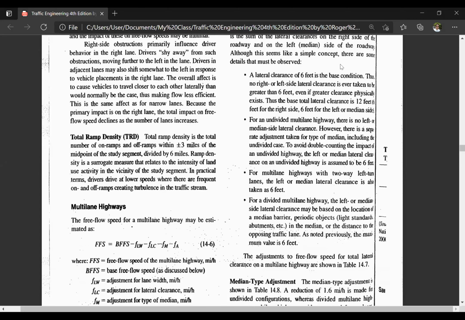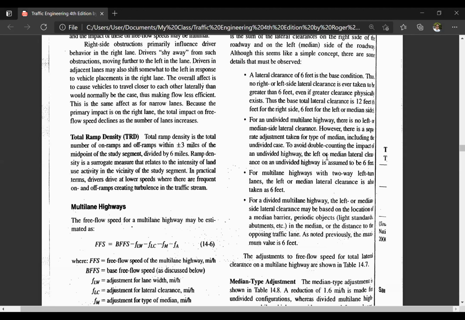It seems a simple concept, but there are differences here. It said here, a lateral clearance of 6 feet is the best condition. Thus, no right or left side lateral clearance is ever taken to be greater than 6 feet. Even if greater clearance physically exists, the best total clearance is 12 feet, 6 on the right, 6 on the left.